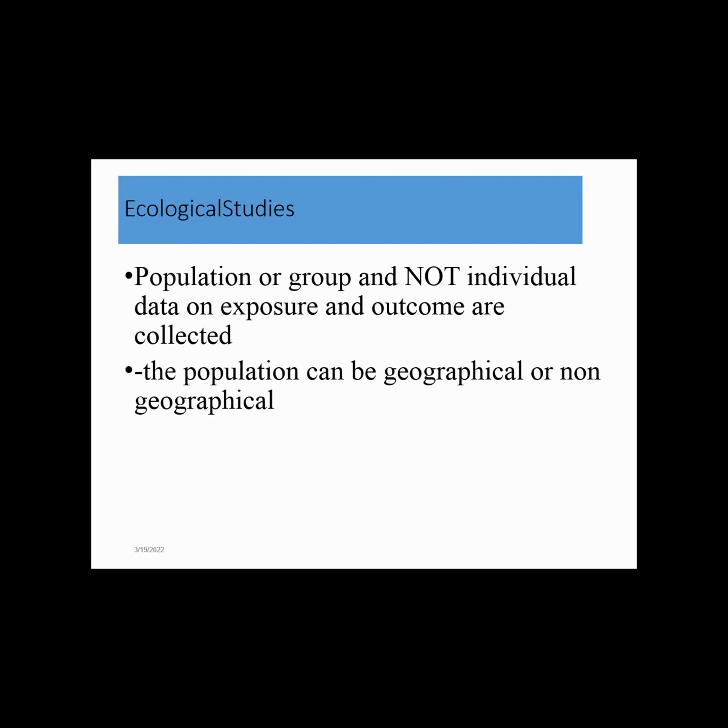So when we are talking about quantitative designs, we are definitely talking about relationships between the dependent and independent variables. We want to quantify this relationship in terms of its strength or its association.